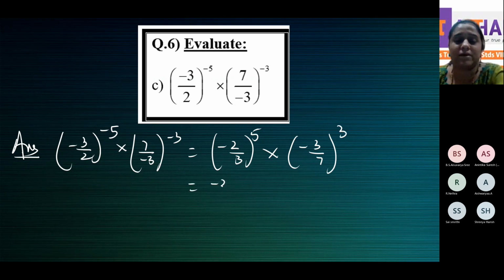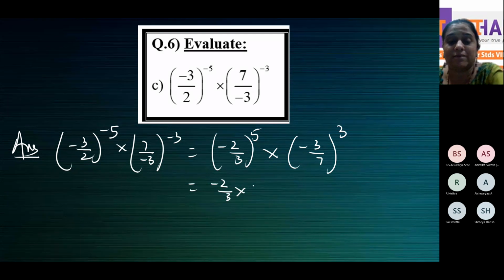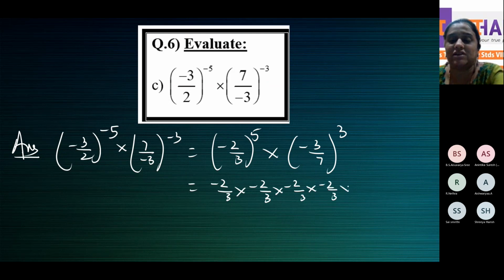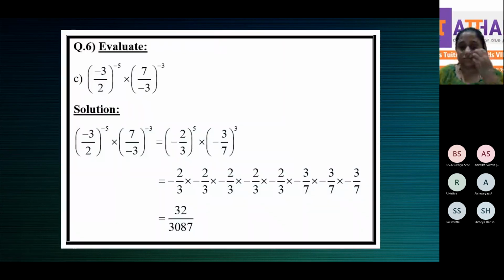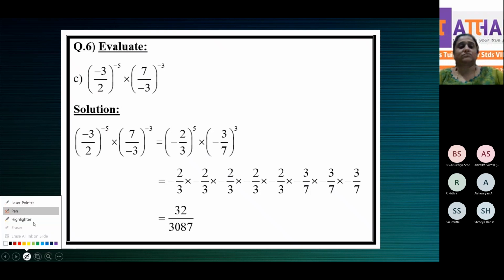Now this is minus 2 by 3 multiplied by itself 5 times, and then into minus 3 by 7 multiplied with itself 3 times. So you can see the answer here. Yes, ma'am, I got the same answer. Very good.